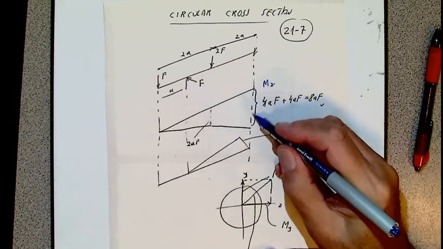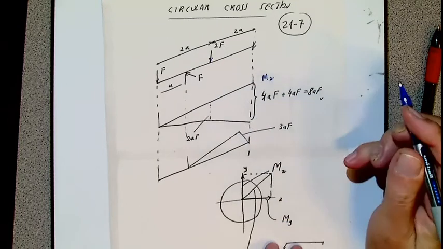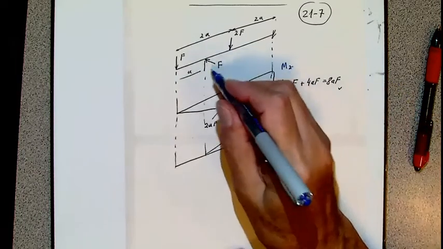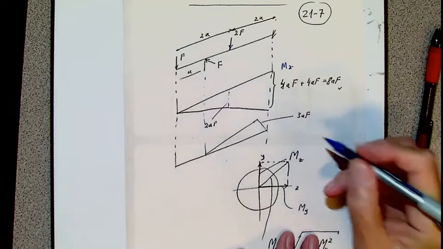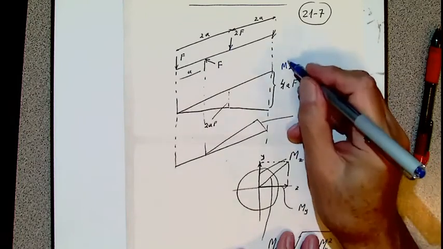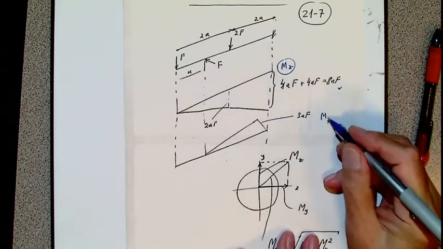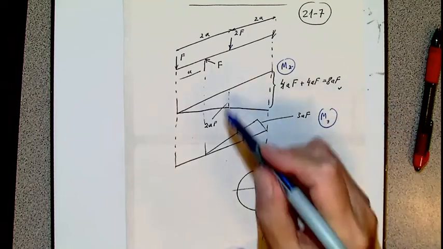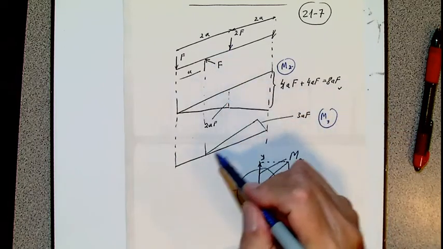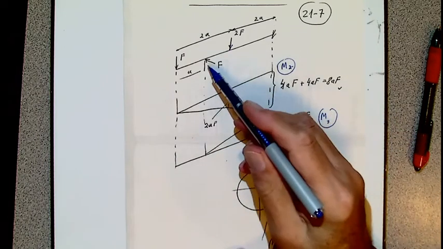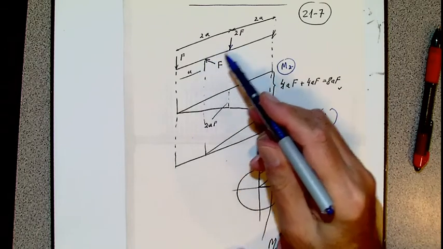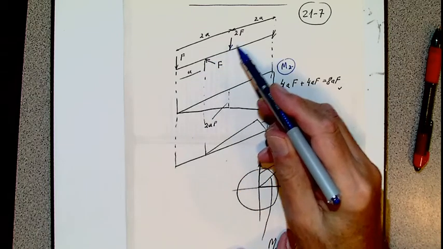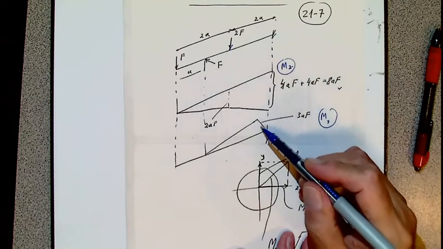So this equals 8AF. Here, that is My. So that is this force times A from here to here, plus 2A is 3A, so 3AF.